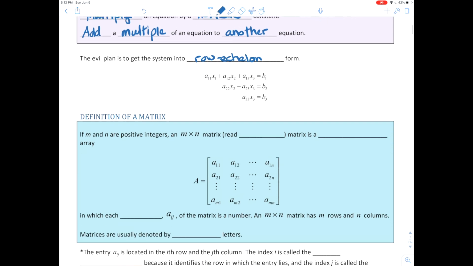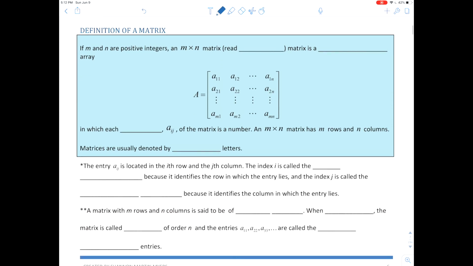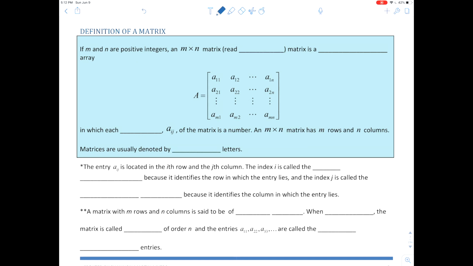All right. So now let's go ahead and define a matrix. If m and n are positive integers, an m by n matrix is a rectangular array, and it looks something like this.